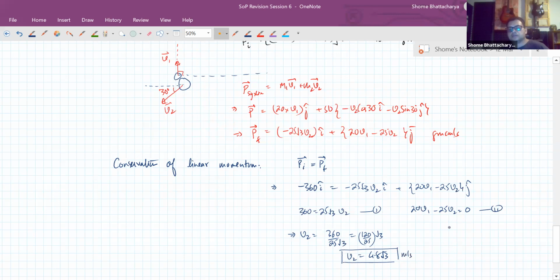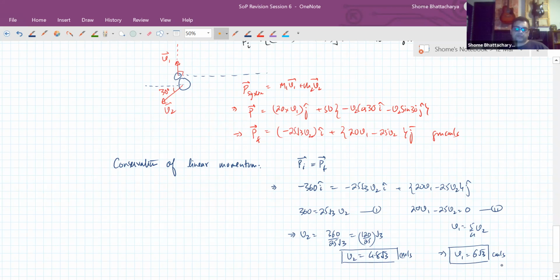And this is telling us that v1 is 5 by 4 v2, so v1 is 6 root 3 centimeters per second. You can see that there's going to be quite a loss of kinetic energy as a result of this.